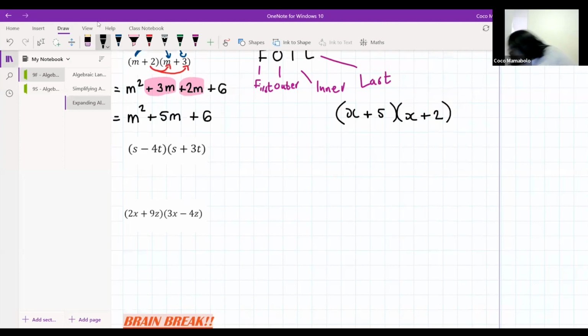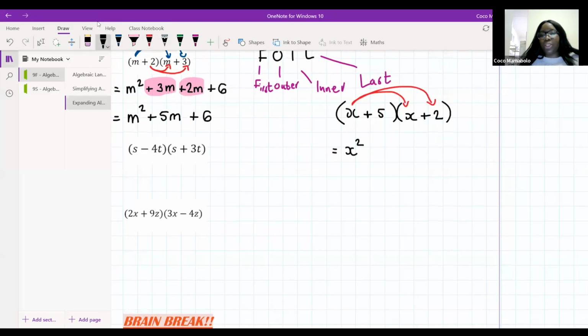So we're going to do the first. Probably going to get x times x. So those two are first in their bracket. So x times x will give me, ma'am, it becomes x to the power 2. Good, x squared. And then we're going to do the outer. So x is outer and 2 is outer.